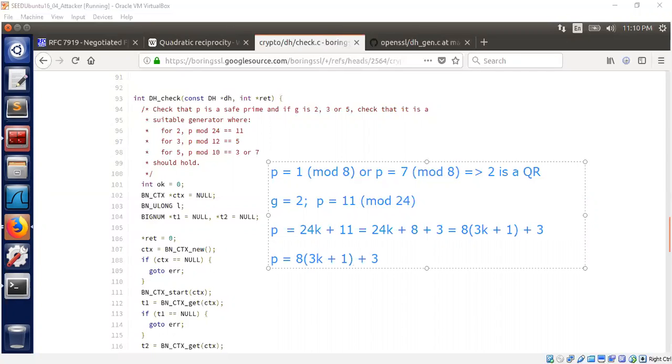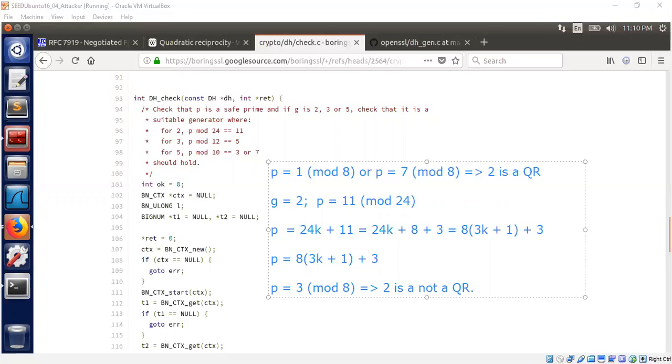Now if I apply mod, well, what is the mod notation of this? This means P is equal to 3 mod 8, right? Essentially that's what it means. If P is equal to 3 mod 8, what can I say? Now if we go back and apply the theorem, obviously 3 mod 8 is not the same as 1 or 7 mod 8. Therefore, it implies 2 is not a QR, right? When 2 is not a QR, what can we conclude?